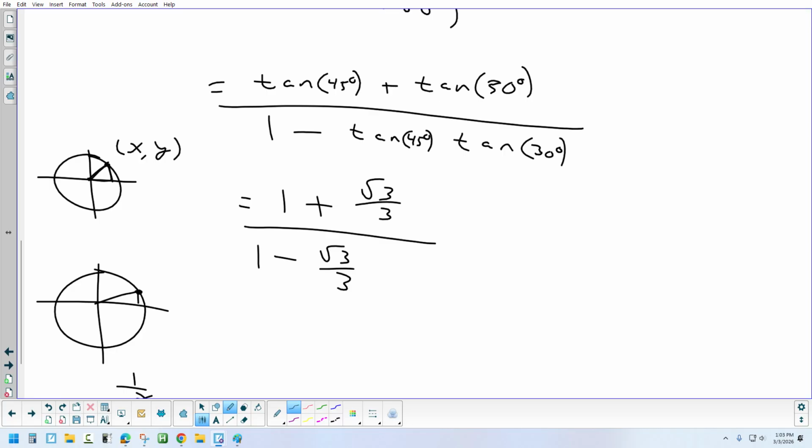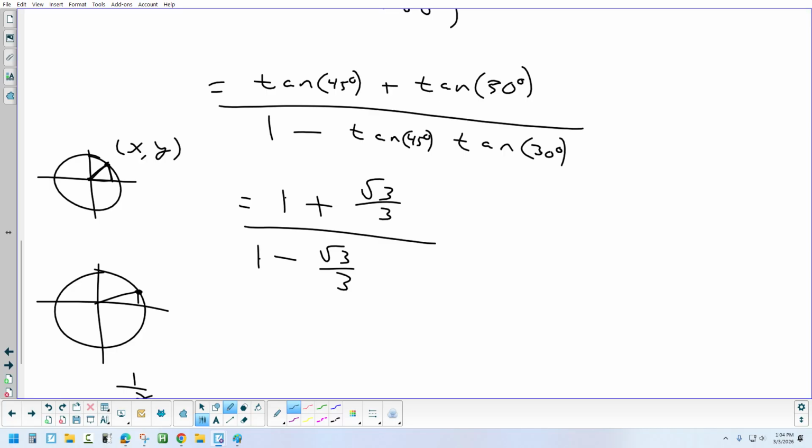How could we fix having fractions within fractions here? Okay, we can multiply the bottom and the top by what? No, if you multiply by something with a root in it, you're going to get roots in these two spots.